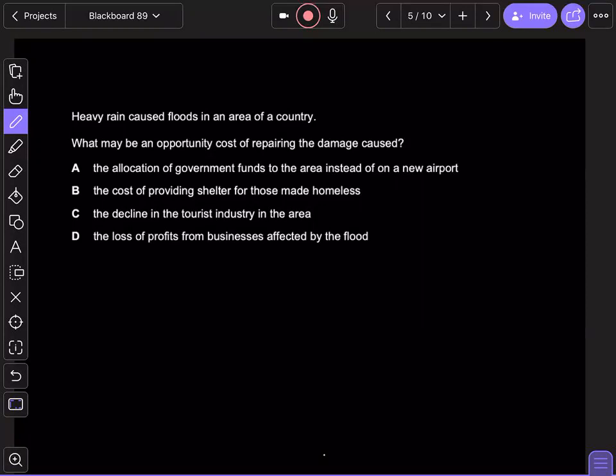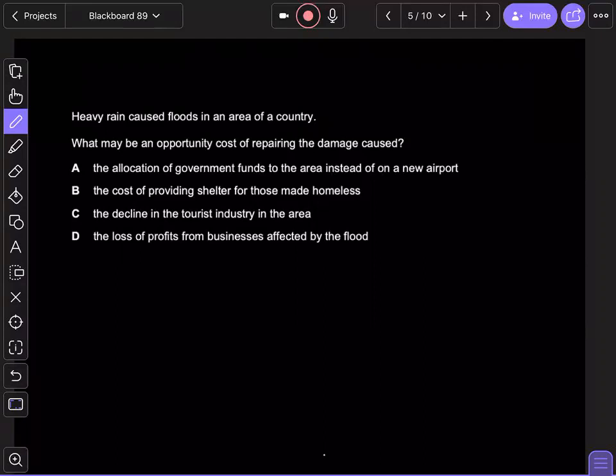So remember, guys, there is a distinction between accountants' terminology of cost and economists' terminology of cost. Accountants do not take into account the implicit cost or the cost foregone, but they do take into account your fixed cost, your variable cost, your explicit cost. But as far as the economists are concerned, you have to take into account the implicit as well as the explicit cost of making the decision.